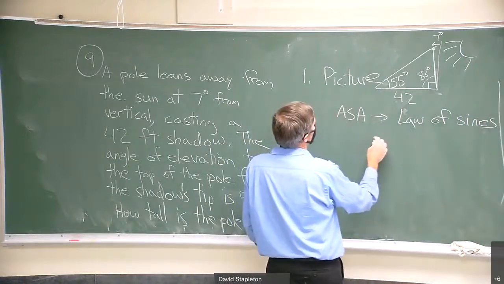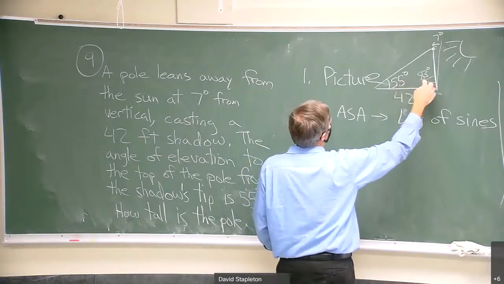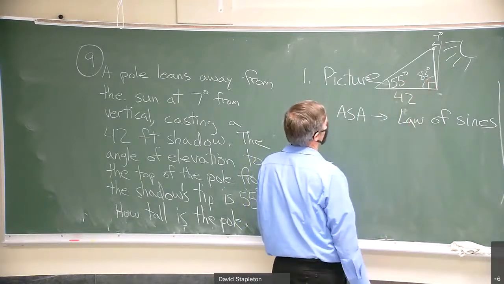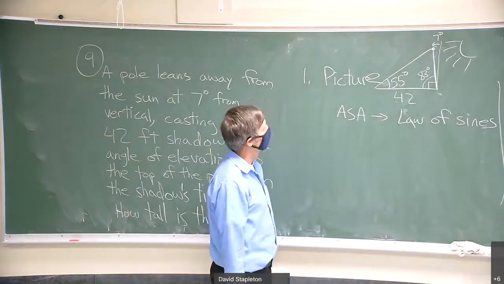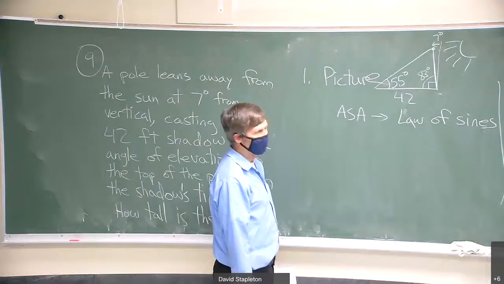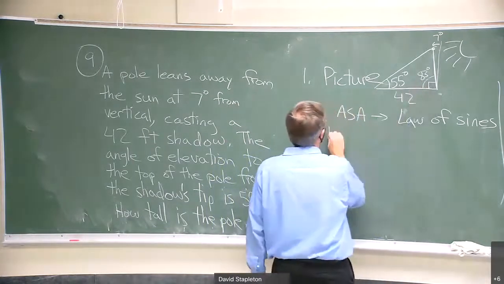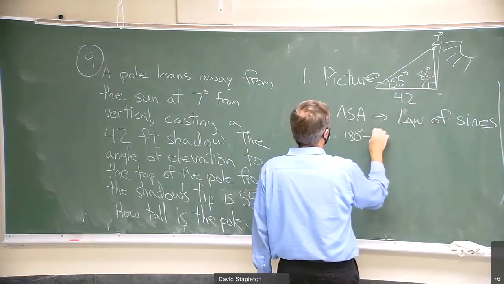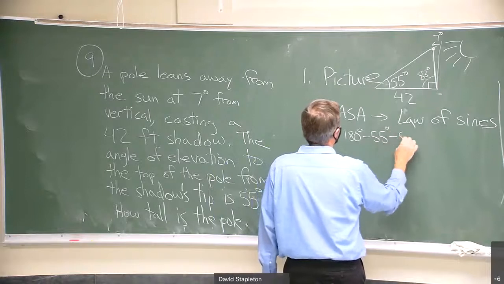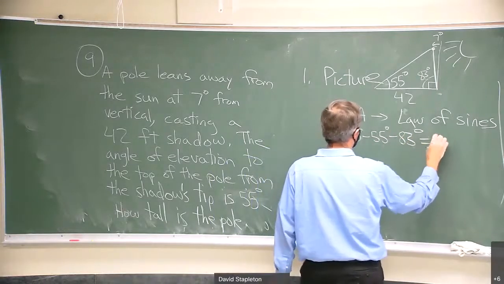I'll do this. In the law of sines, you want an angle and an opposite side. Oh, wait a minute, I don't have an angle and opposite side. How do I do this so I have 3 other things known? I have to begin by finding the last angle. Whenever I have 2 angles, I know the last one is 180 minus 55 minus 83. Let's see, 138 leaves me 42 degrees.